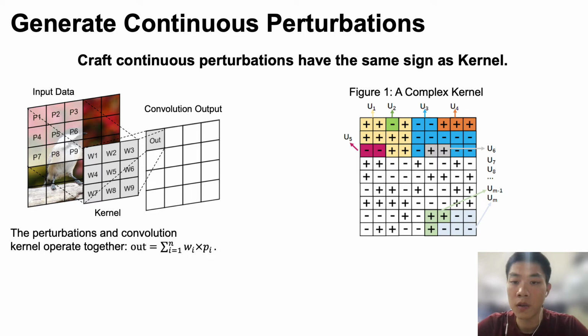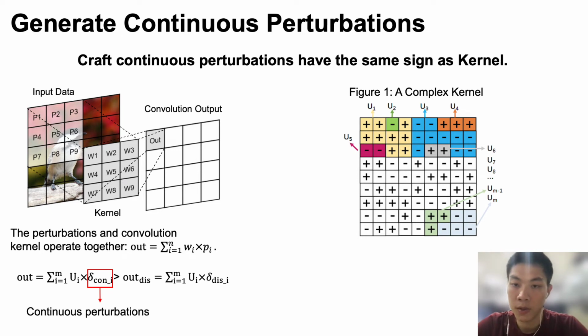We further consider a more complex kernel, which have more elements as we have shown in Figure 1. We split kernel elements into many continuous zones, such as U1, U2. Each element in the same zone has the same sign.